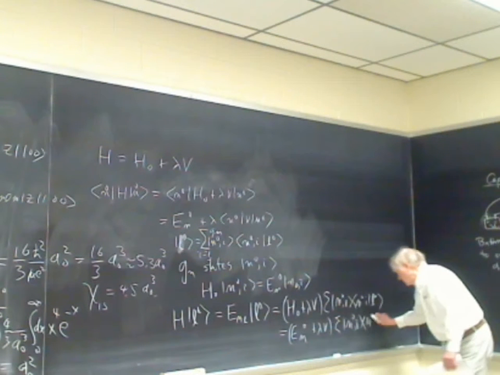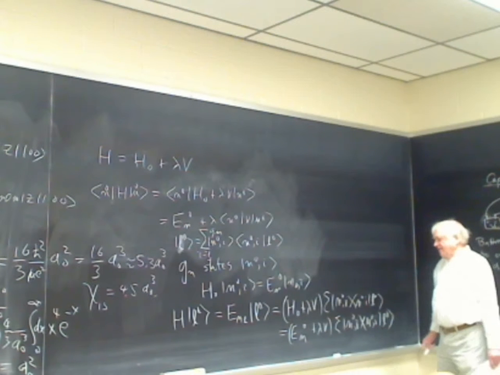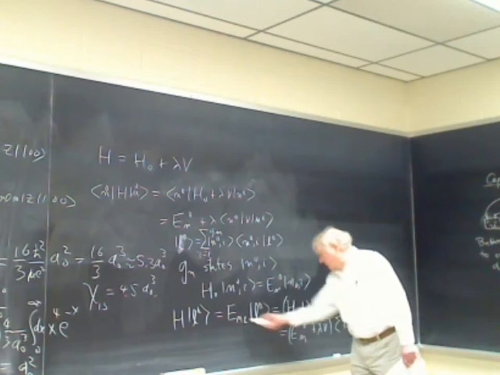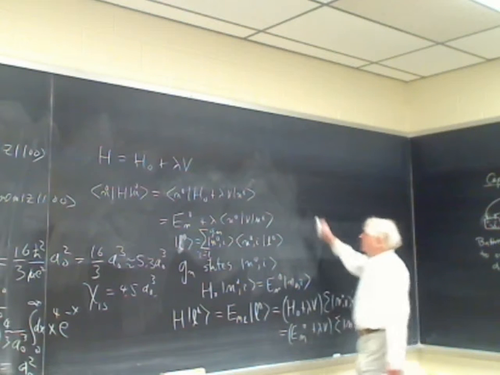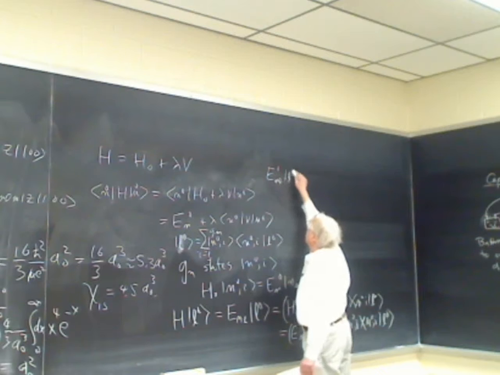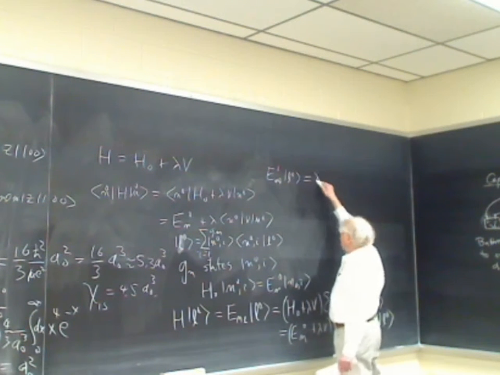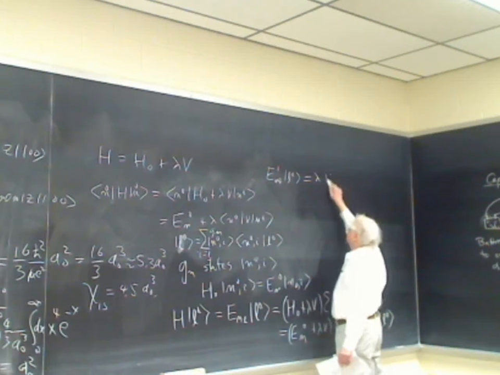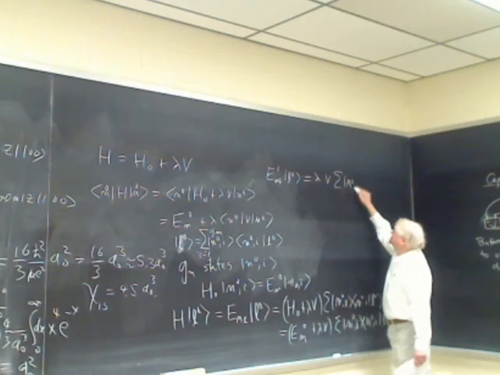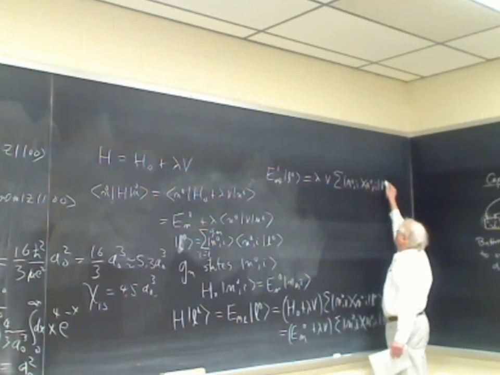If we subtract En0 from both sides, we get that the first-order contribution E1_nl on l0 is lambda B on the sum of n0,i. I did this last time, I'm just reviewing it.